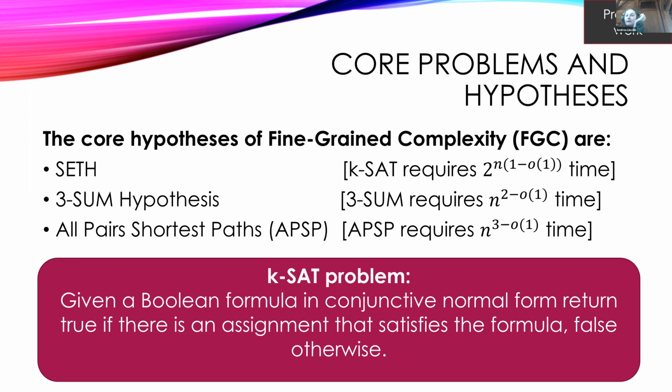So it's an AND of a bunch of OR clauses where the K here refers to the fact that we're ORing over K variables. And we want to return true if there's an assignment that satisfies this formula and false otherwise. And SETH is the assumption that KSAT requires 2^(n(1-o(1))) time, where this o(1) is signifying that this is shrinking as, in this case, K grows.